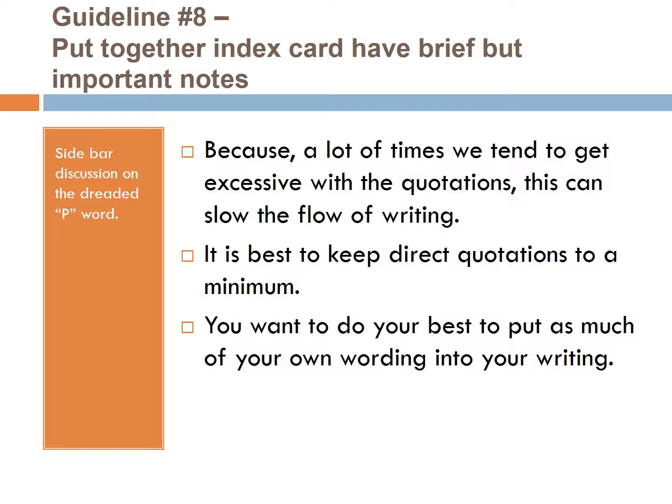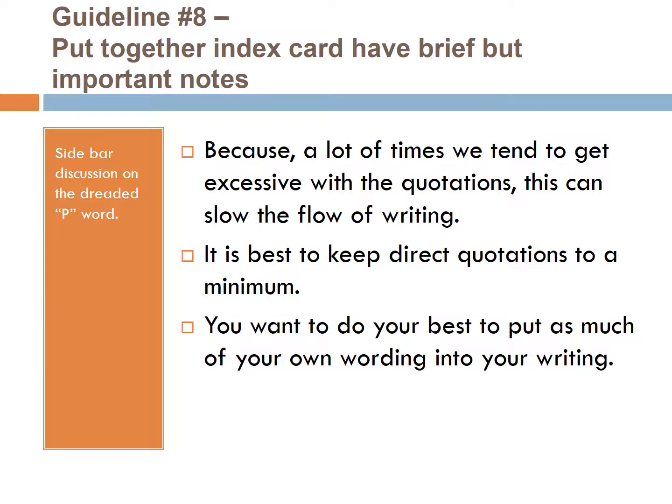And when you're writing something, you want to paraphrase it. So it is best to keep direct quotes to a minimum, just so that your reading can flow properly. You want to do your best to put as much of your own wording into the writing.